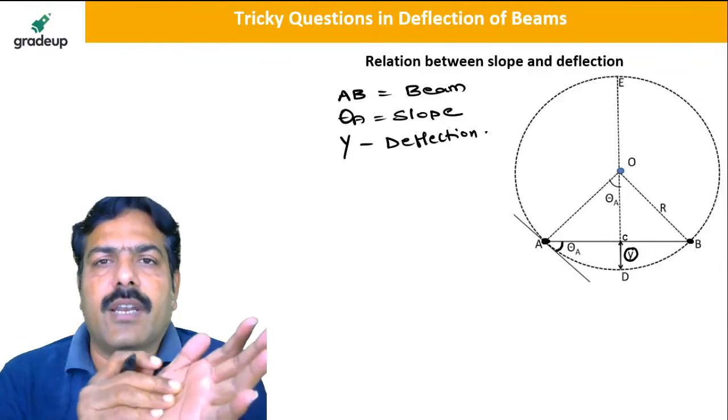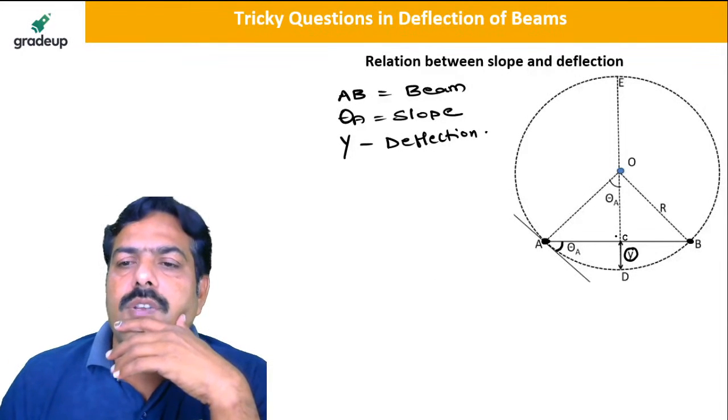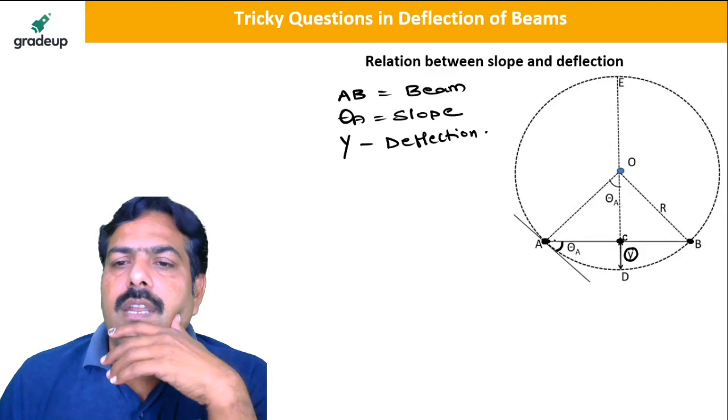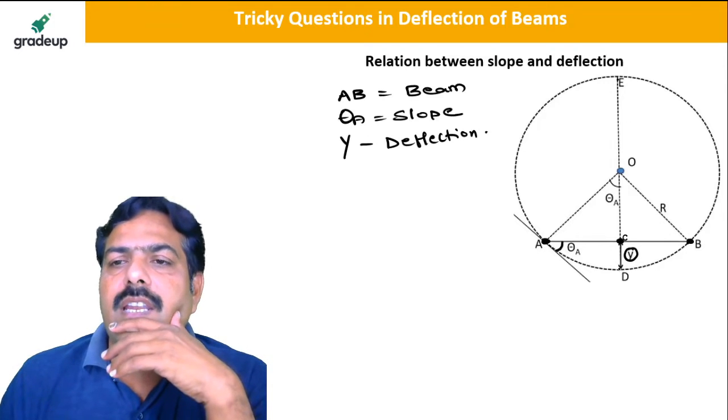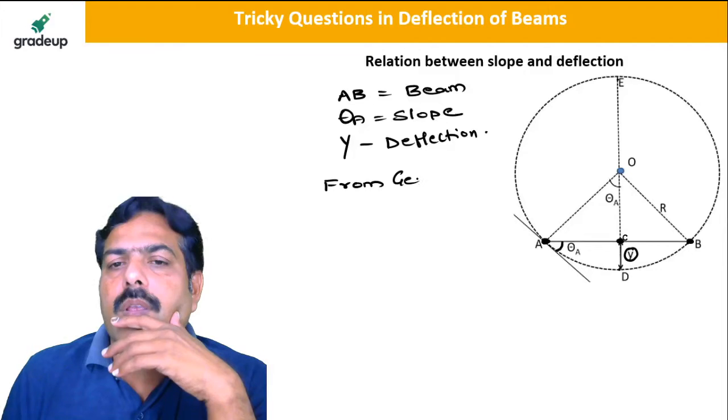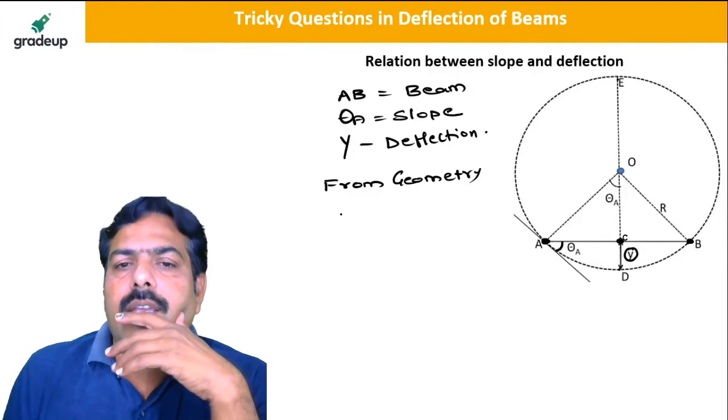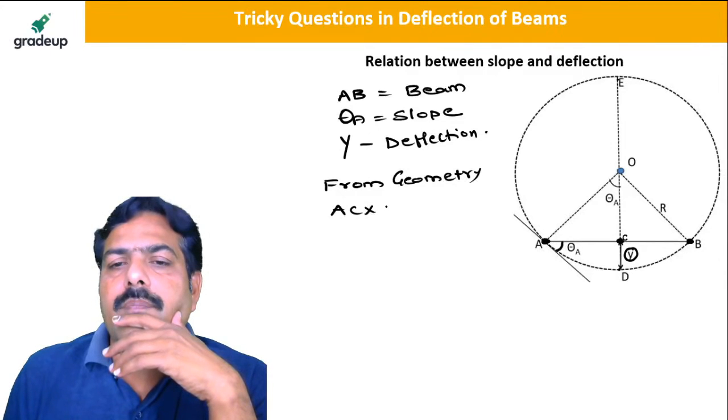There is a deflection, right? This point C divides the beam AB and another chord ED in equal proportion. So from the geometry, AC into CB is equal to EC into CD.